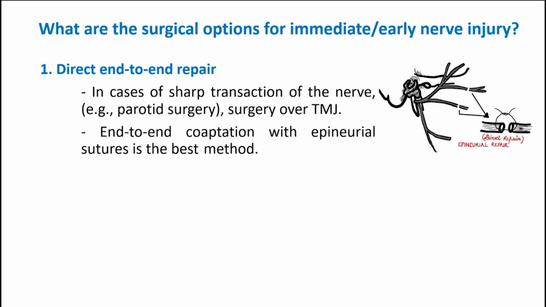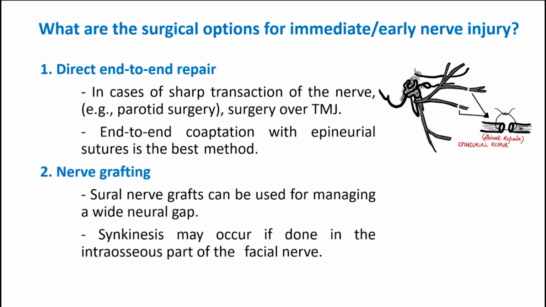There can be a nerve grafting option, especially where there is a wide neural gap. So, if you encounter a neurofibroma or a lipoma of the face, and while excising it you have to excise a part of the facial nerve also, you can immediately do the nerve repair via grafting.